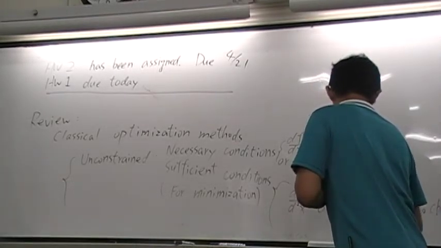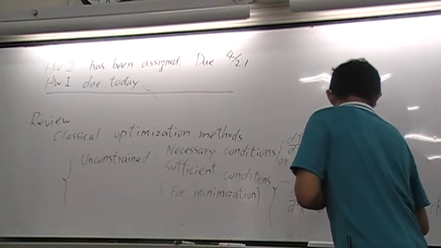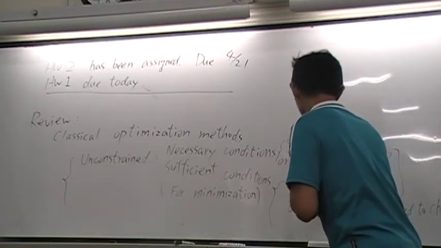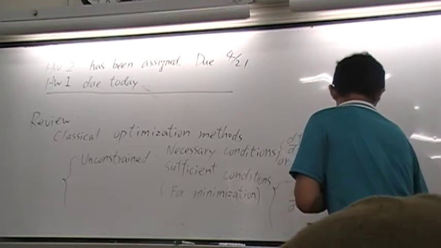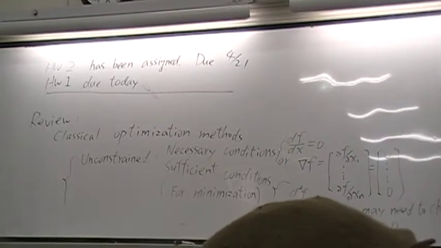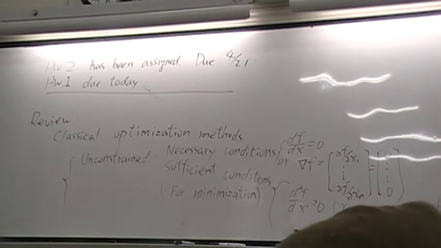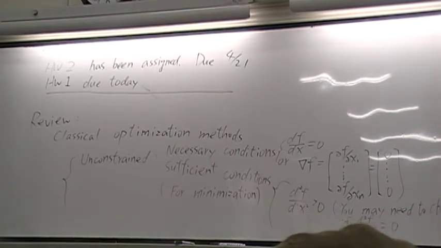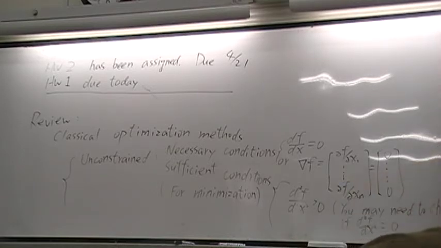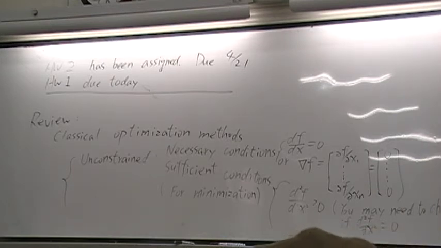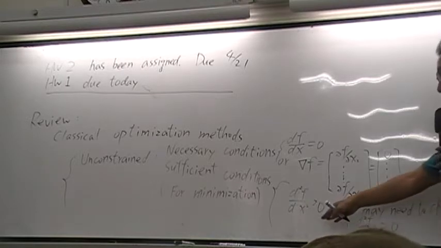If this second order derivative equals 0, okay? Yeah, in this case you may need to check higher order derivatives, and do you remember that depending on the order n, if n is an even number, then we have a very similar situation like this.